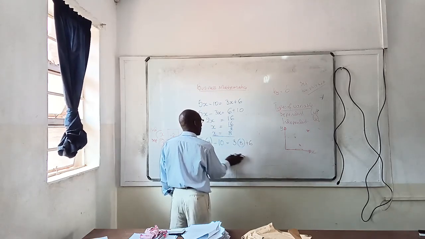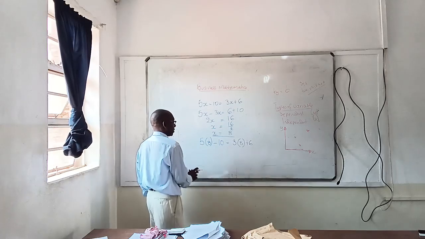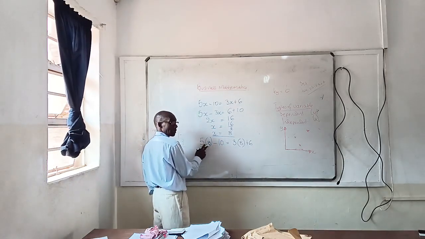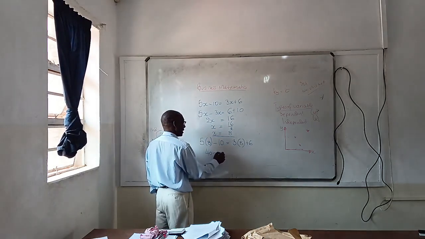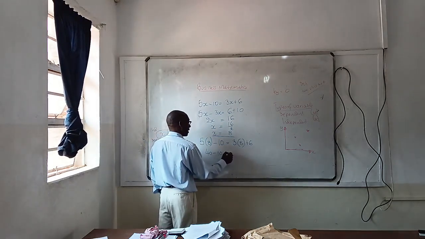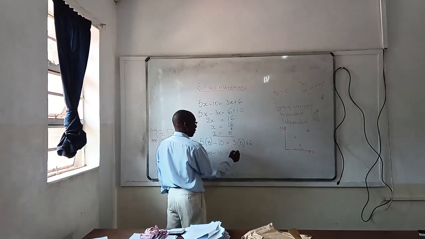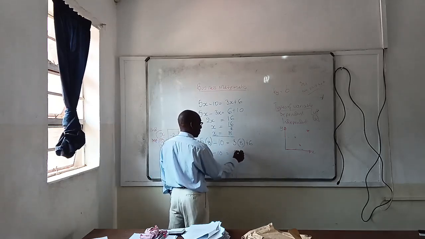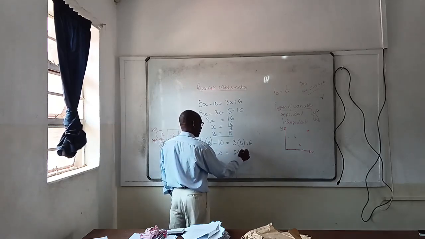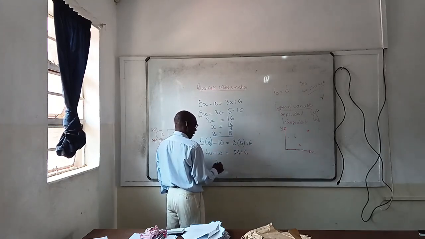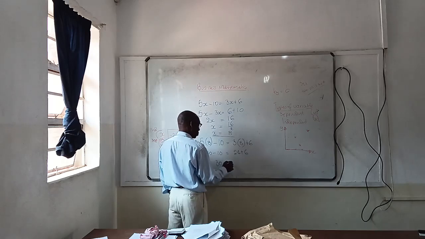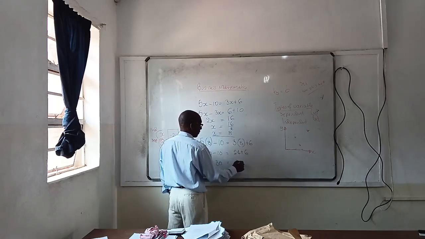Let's find out whether it is true. This and this one, what? 40 minus 10, here 24 plus 6, and here 30 is equal to 30. That we are balanced.